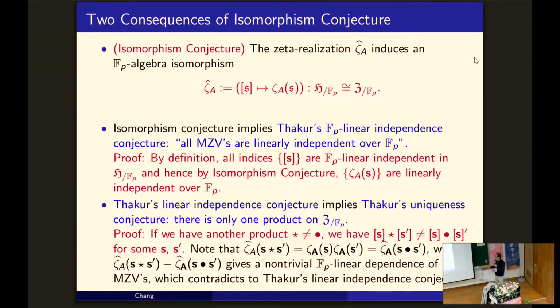And Thakur has another conjecture, which I call the uniqueness conjecture. He conjectured that there is only one product on MZVs.